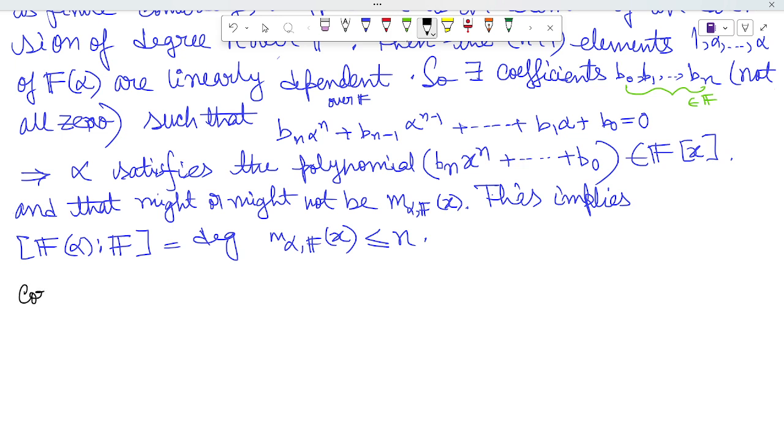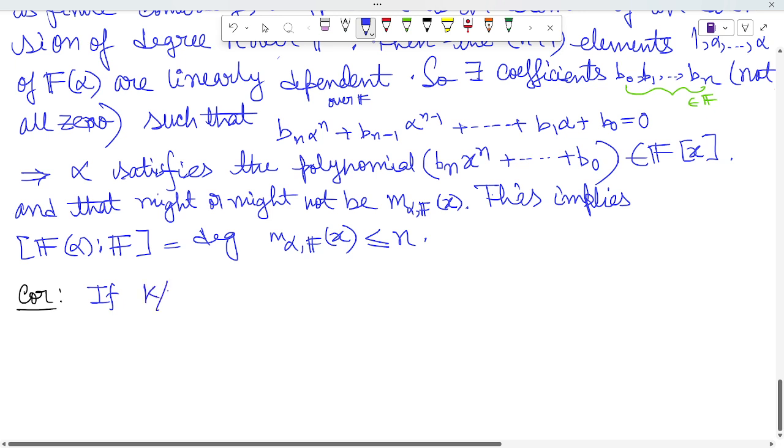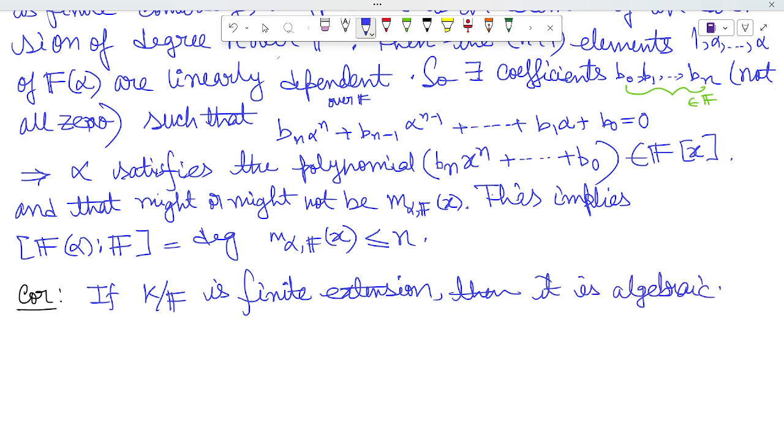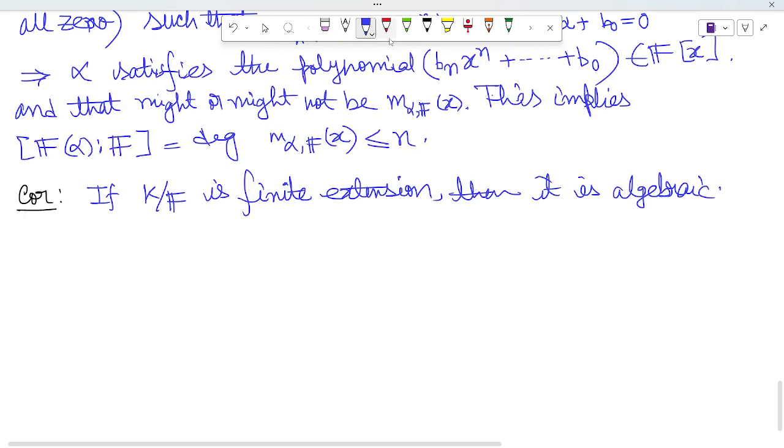So as a corollary, I can say that if K over F is a finite extension, then it is algebraic. Why?